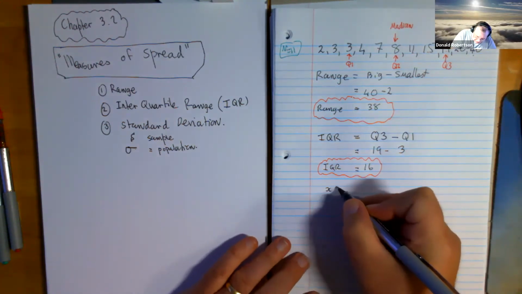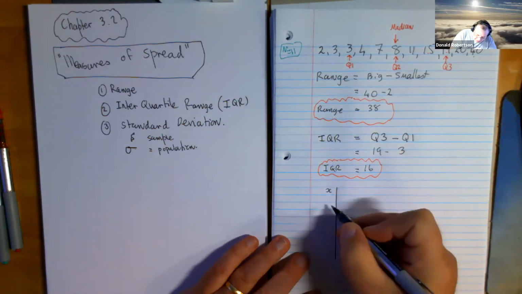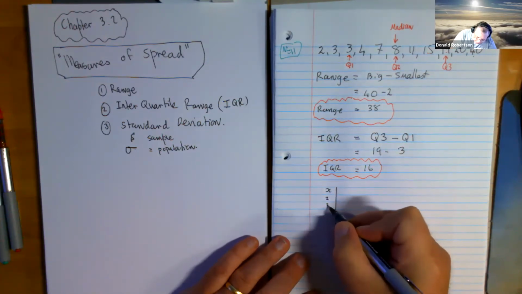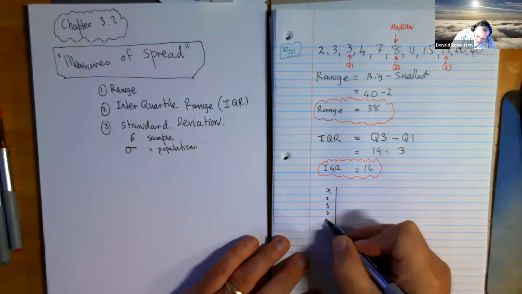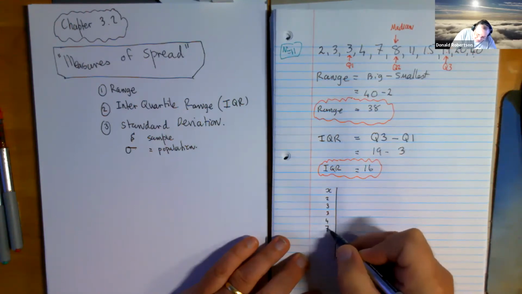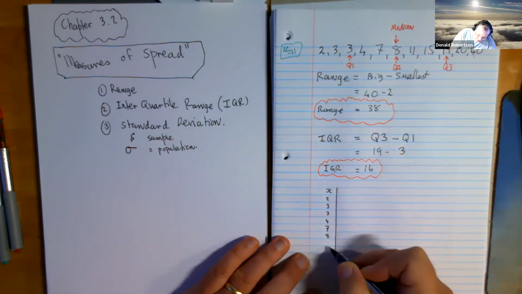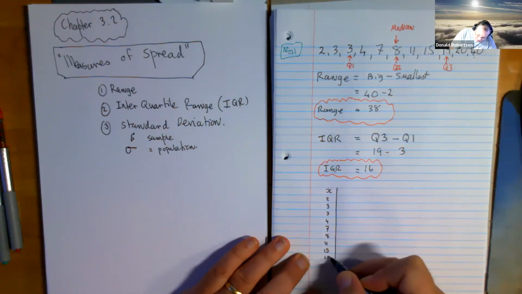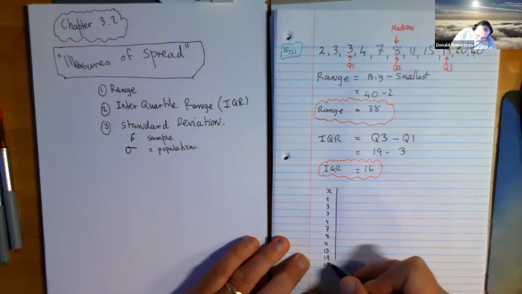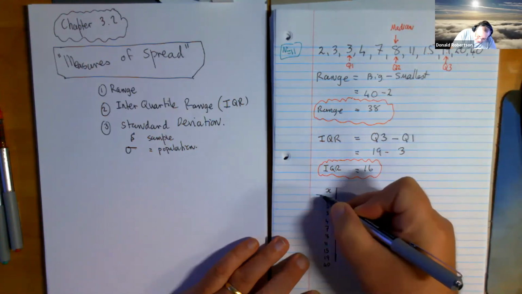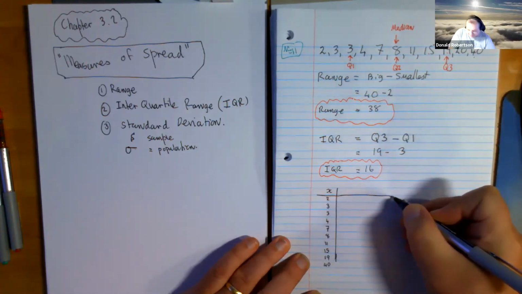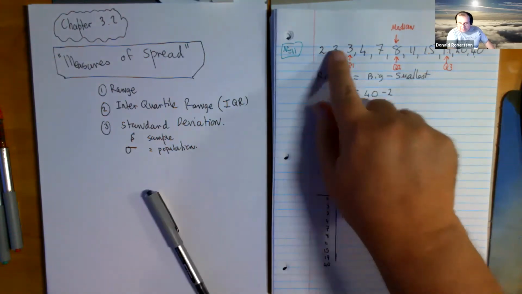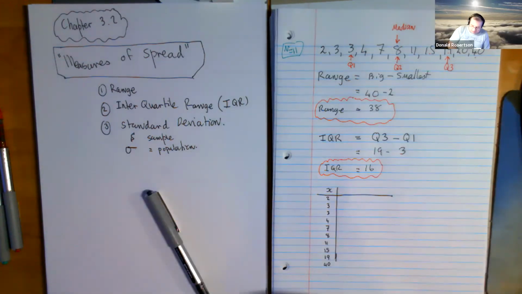You go X, and that ends up being all your numbers. So 2, 3, 3, 4, 7, 8, 11, 15, 19, and 40. So that's your data. You call that X. You then have to calculate the mean, which is not an easy job for such a large set of data.